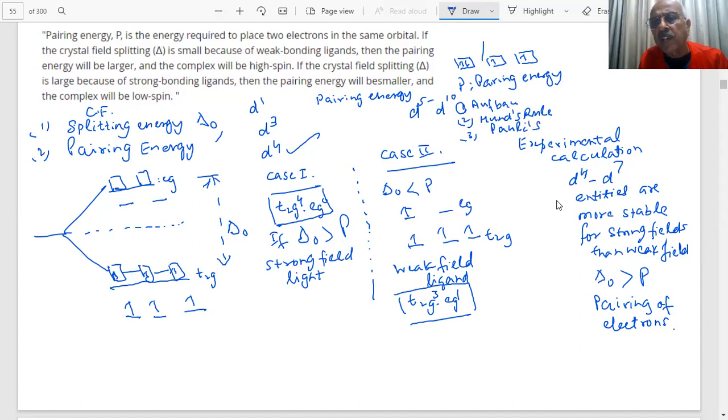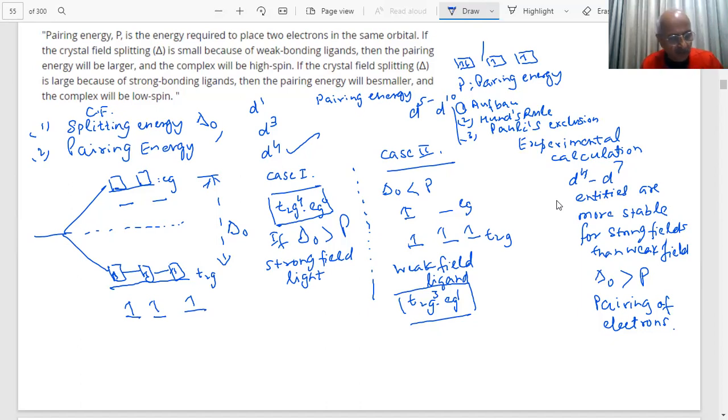Same rules are being used here, students, but two cases are there, pairing energy and the splitting energy. If splitting energy is larger, then pairing will take place. If splitting energy is smaller, then what will happen? Pairing will not take place. The electron goes to the EG from T2G.